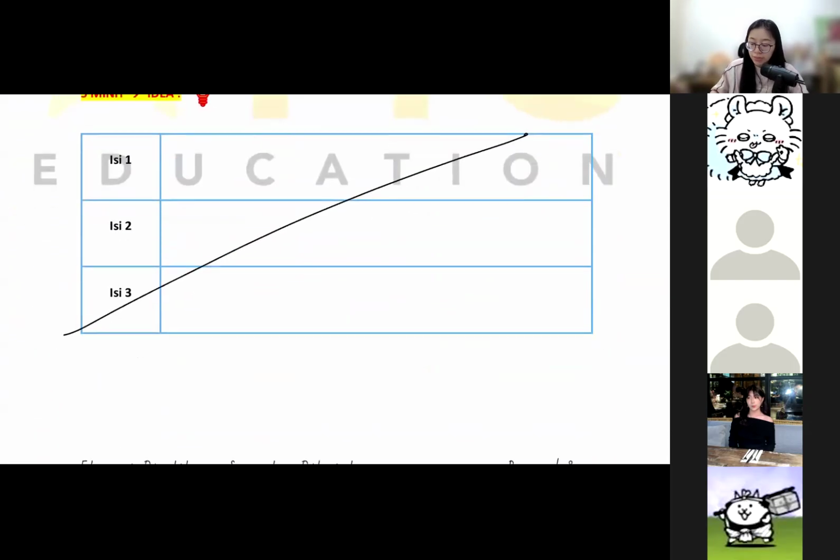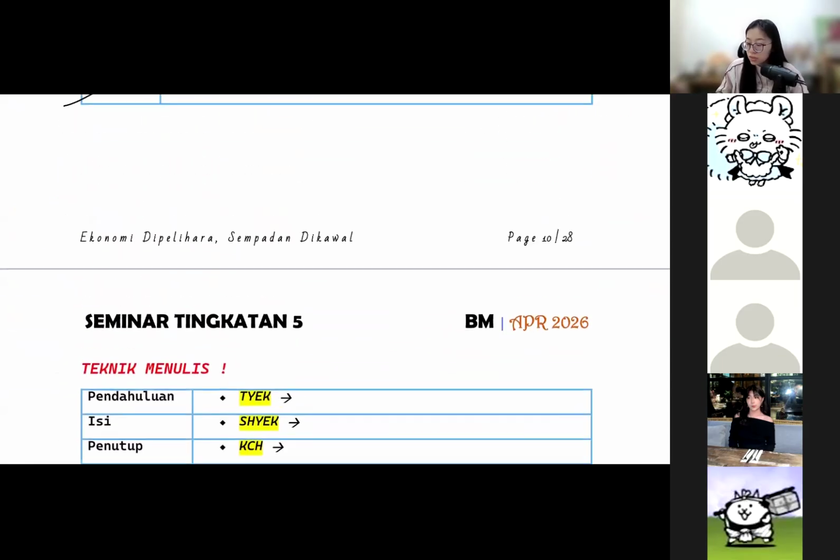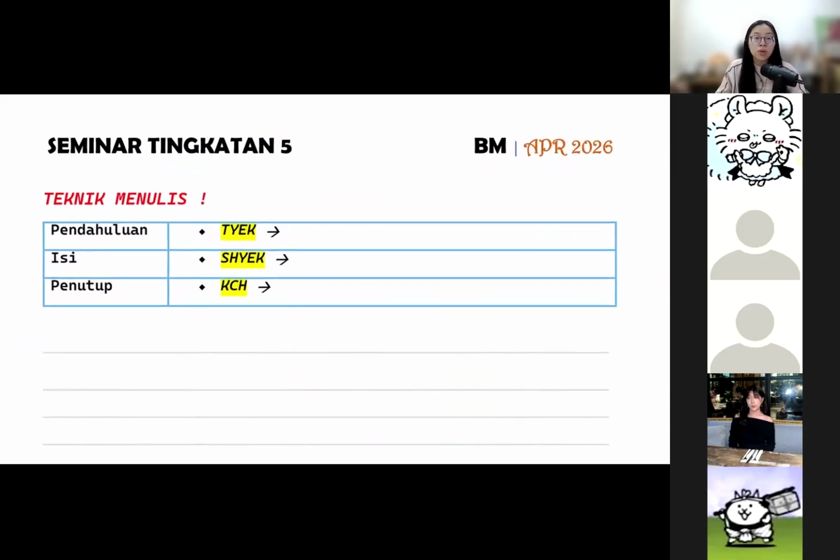I skip this already. Now we go for page 11. Okay, do you still remember what is TYEK? When you're writing for your EC top pendahuluan, what is your TYEK? Topic.